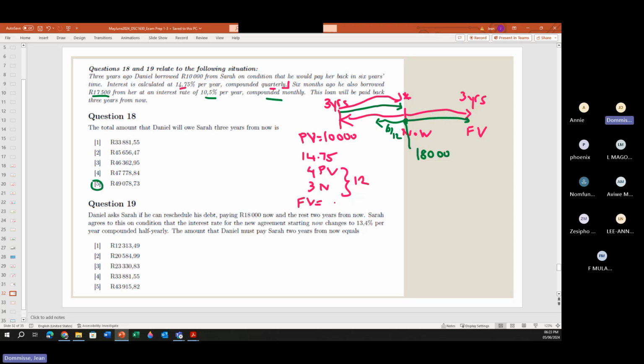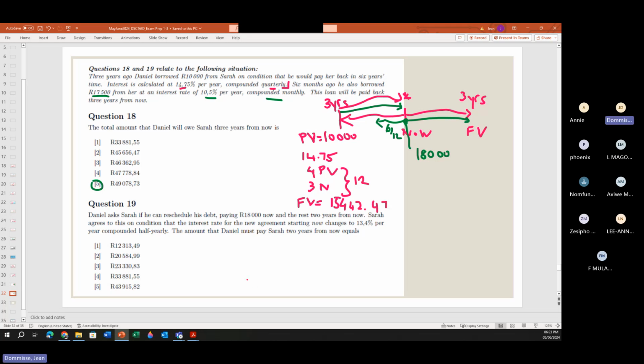Okay, so still the 10,000 negative present value, 14.75% interest, 4 times a year for 3 years. For 3 years, that's 12 periods. And then if I work out what my future value is, that is 15,442.47.